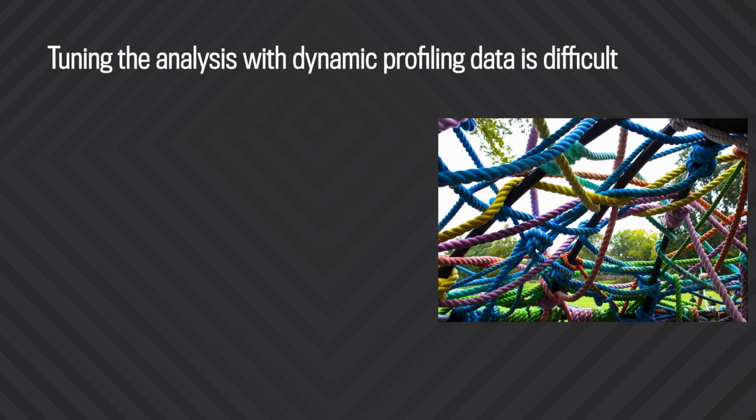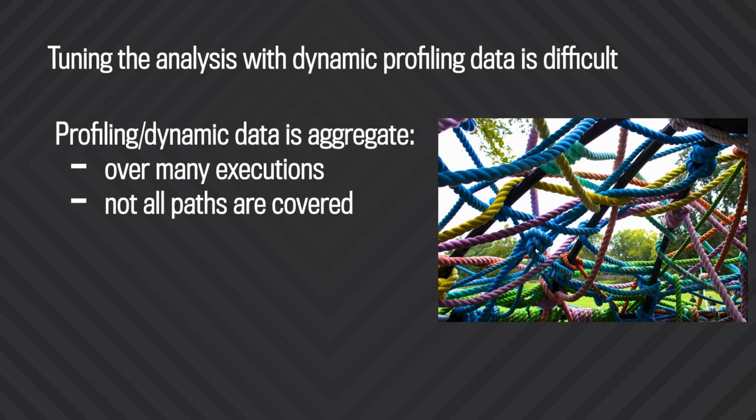Now, you might say, well, if you already have average CPU info, why can you not tune the analysis with that? The issue is that profiling with dynamic information is aggregate, so it is collected over many executions and not all paths are covered. It's only covering some execution paths. But still, it could be possible to use that information for improving the analysis.